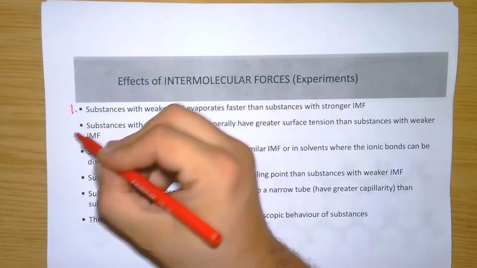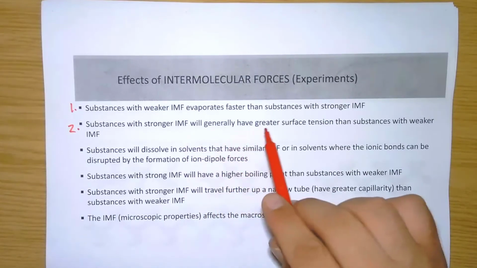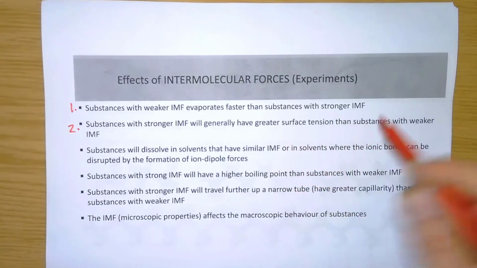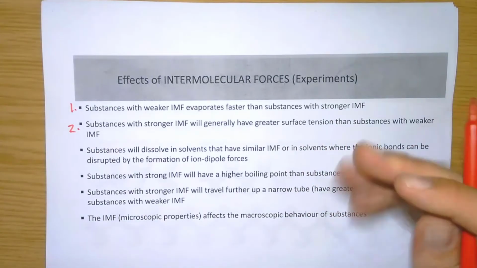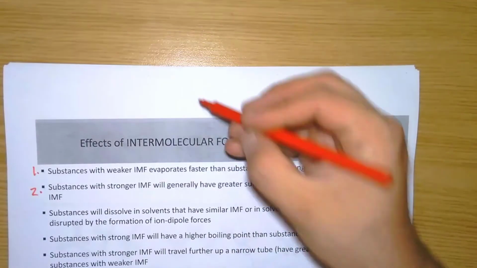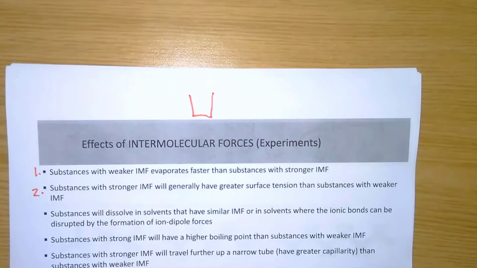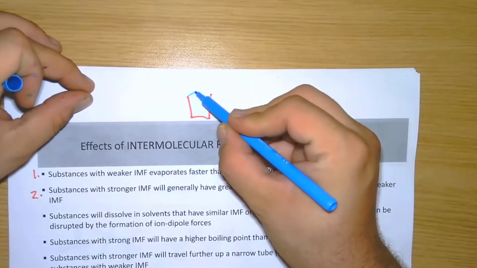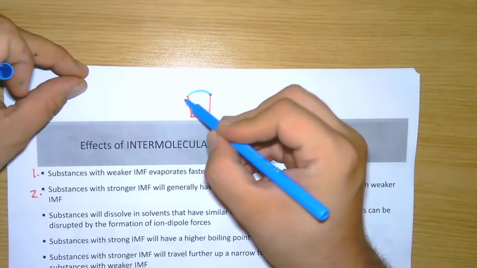Then our second point there, substances with stronger intermolecular forces generally have a higher surface tension than substances with weak intermolecular forces. If you've ever filled up a glass of water, you would have noticed, while you're talking and not paying attention, that the water can actually almost stand higher in the middle than on the sides.